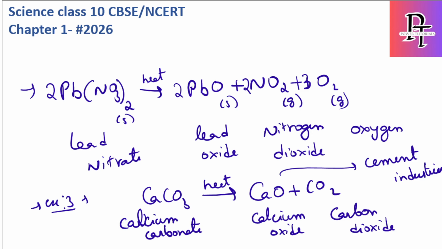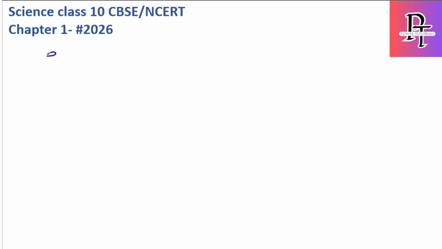Okay, now let's see the second type of decomposition, which is electrolytic decomposition. So what does electrolytic decomposition mean? To perform this experiment, I have to take a beaker.